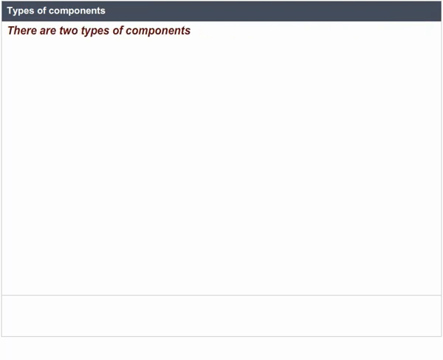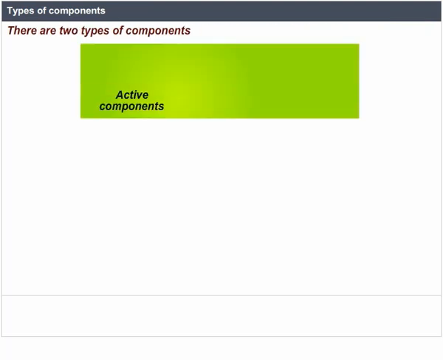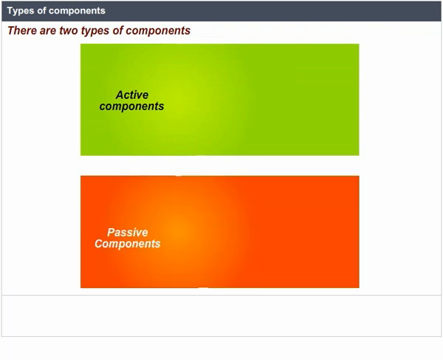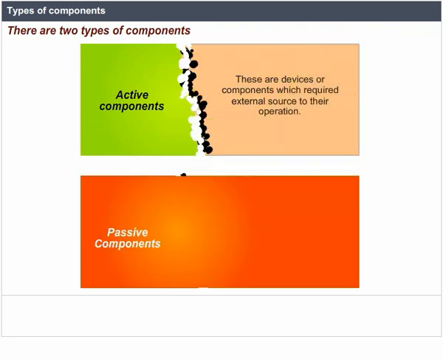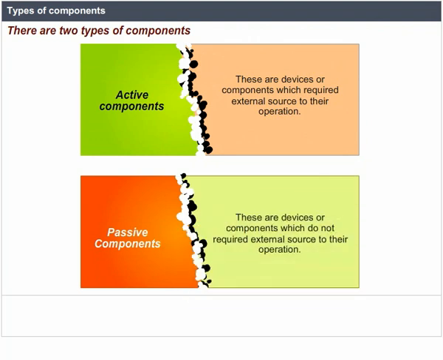Types of components. There are two types of components: active components, passive components. Active components. These are devices or components which require an external source for their operation. Passive components. These are devices or components which do not require an external source for their operation.